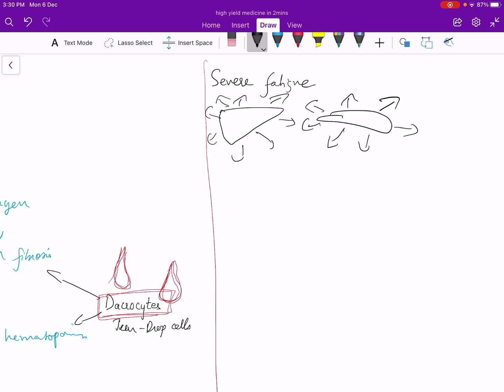And sometimes the spleen can grow so big that it compresses the stomach.